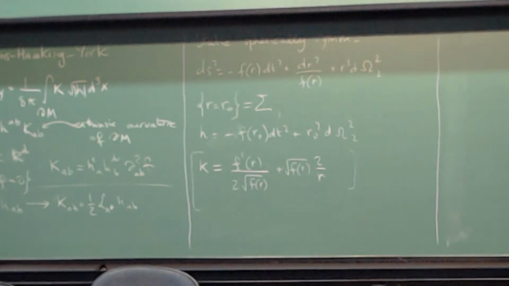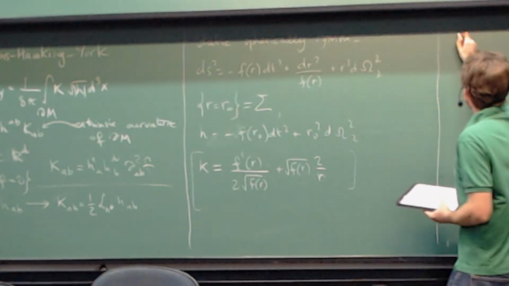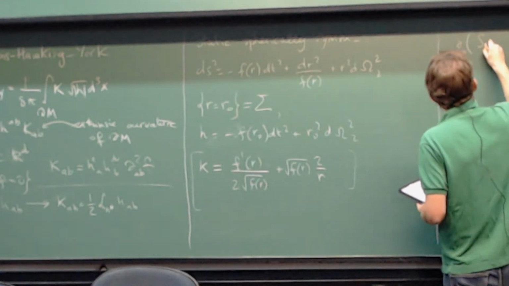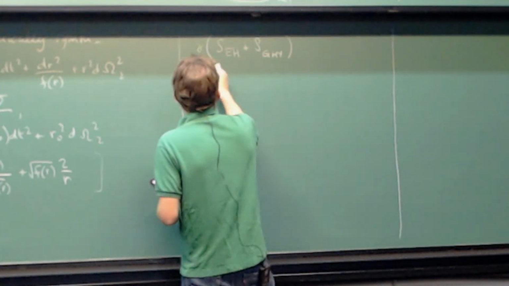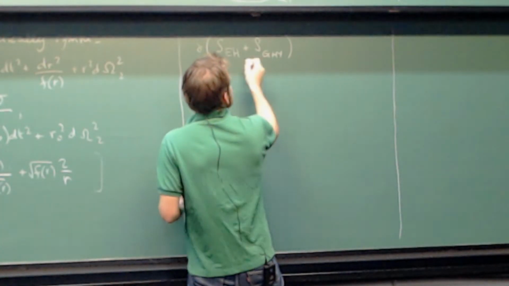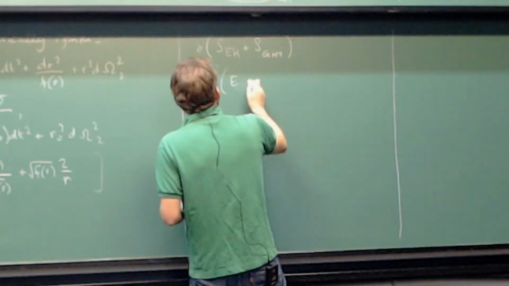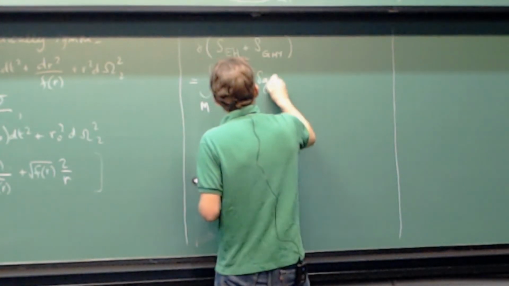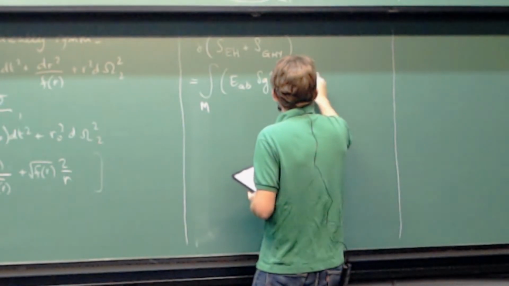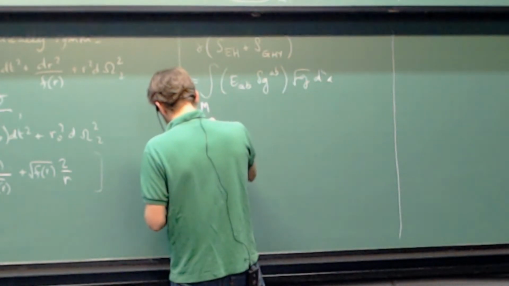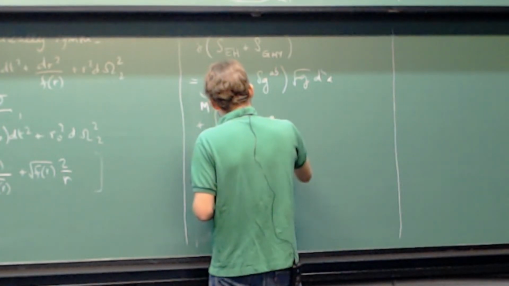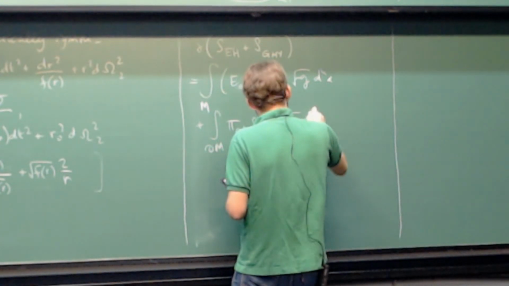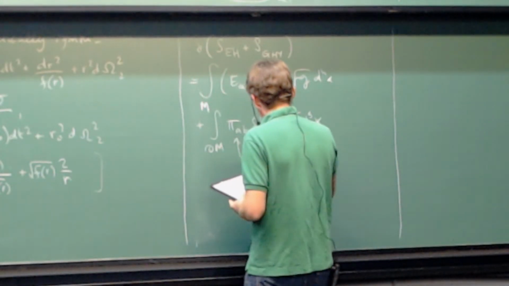Okay, the importance for this term, once it's added to the Einstein-Hilbert action, is the fact that delta of S Einstein-Hilbert plus S Gibbons-Hawking-York is equal to the integral over the entire manifold of the equations of motion delta G_AB, plus the integral over the boundary where this pi, pi AB.